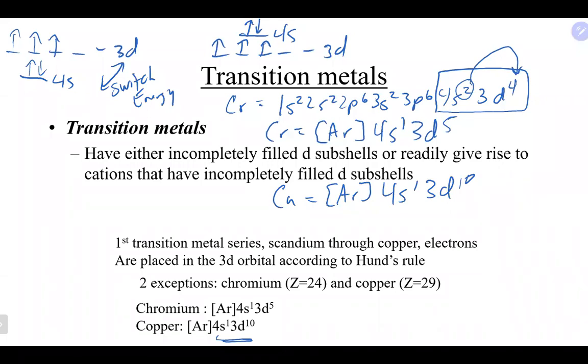Silver is an exception as well, with a similar situation. So usually chromium, copper, below, and in between them, there are a lot of these exceptions. But for us, you're just responsible for chromium and copper. For anything else, you can write it following the zigzag method. Just know that in reality it is probably incorrect for some of those in that region.